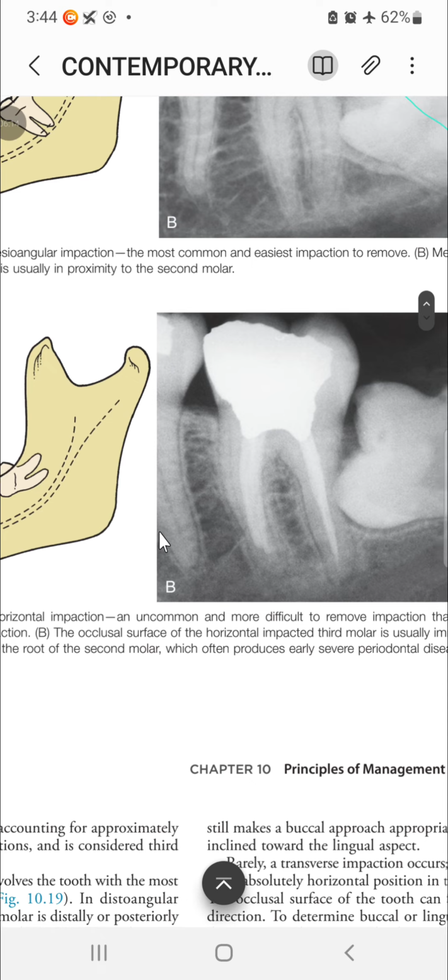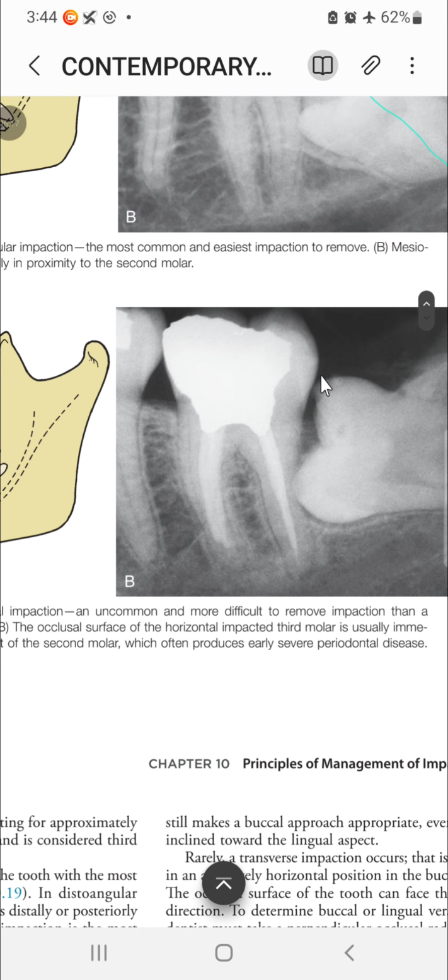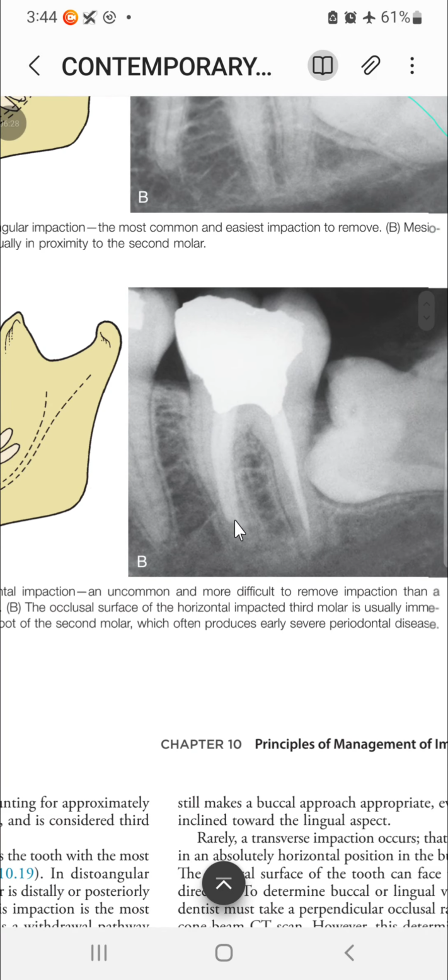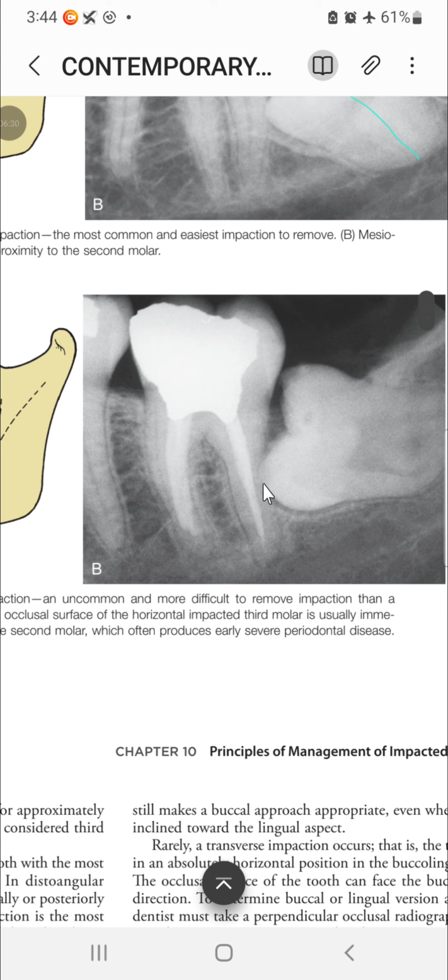In picture B, the occlusal surface of the horizontal impacted third molar is usually immediately adjacent to the root of the second molar, which often produces severe periodontal disease.